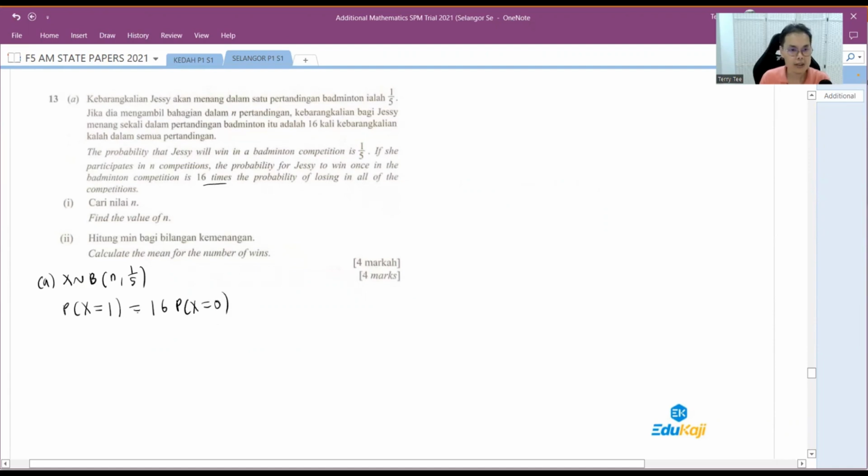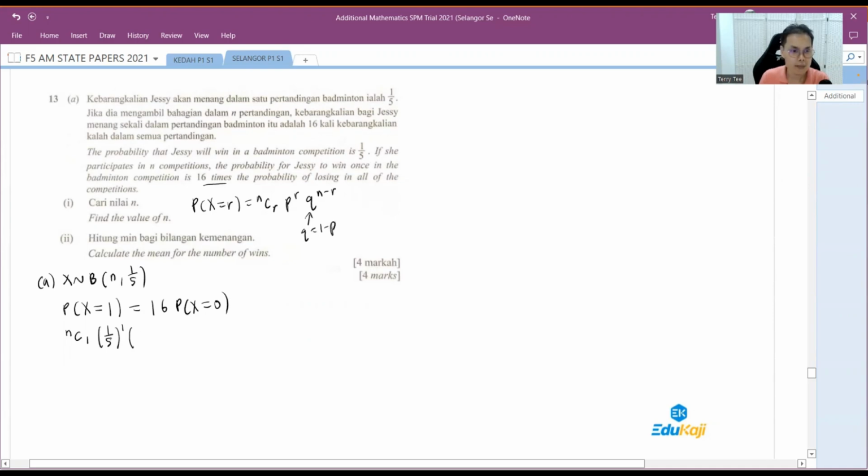So we can say NC1, your P is 1/5, power 1, your Q. If you're not sure, the formula is given as NCR, P power R, Q power N minus R. Q, by the way, is 1 minus P.